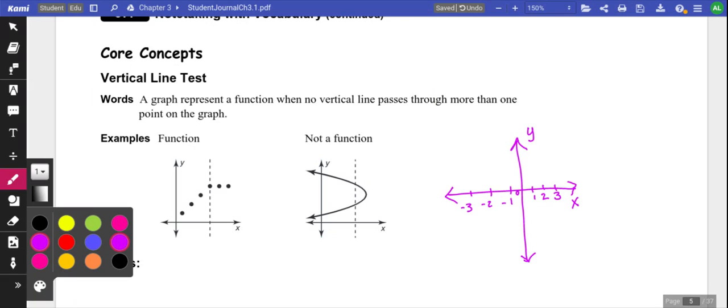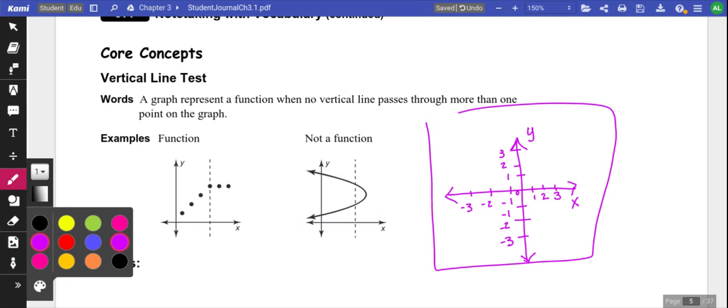Same thing with y: as we move up, these numbers are rising, and then we've got negative numbers down here. There are going to be a couple times where you have to look at a graph and tell me some of the points on there, so make sure you feel comfortable with graphing with the x and y values.